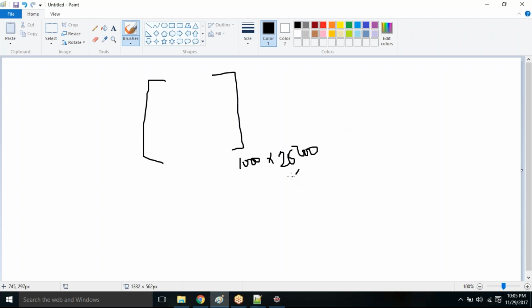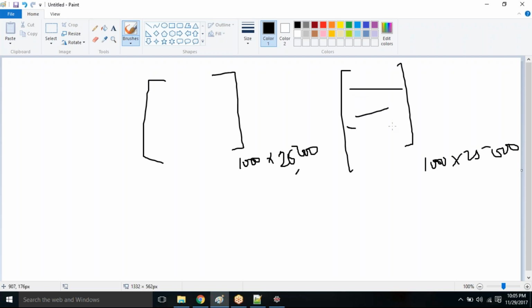The same case with negative: 1,000 files with 25,000 words. Each of these rows is of 25,000 dimensions, and only those indexes turn on where you find the words.